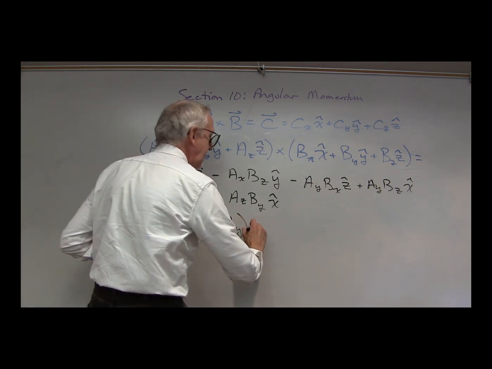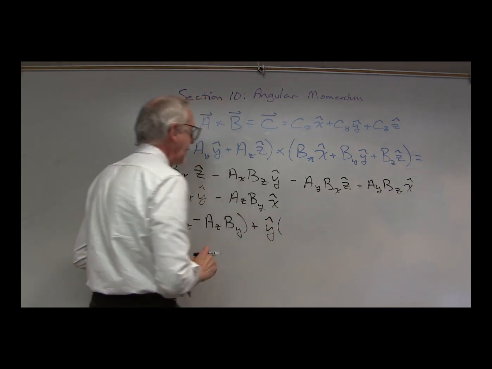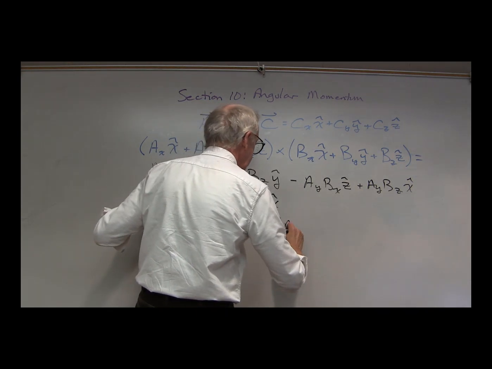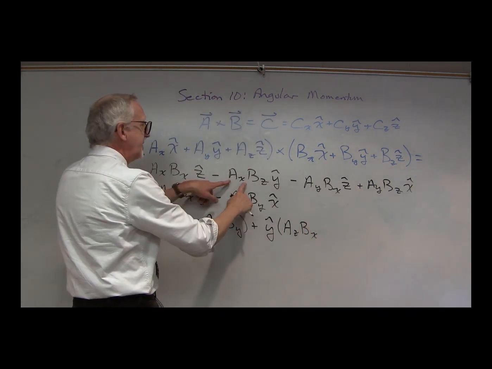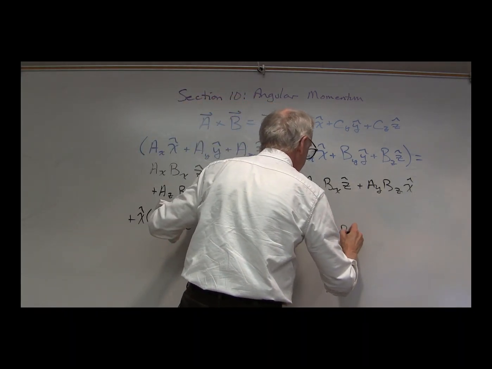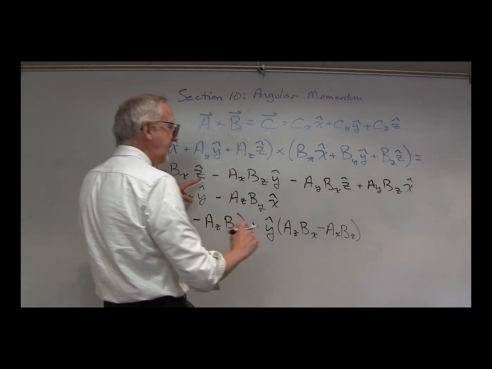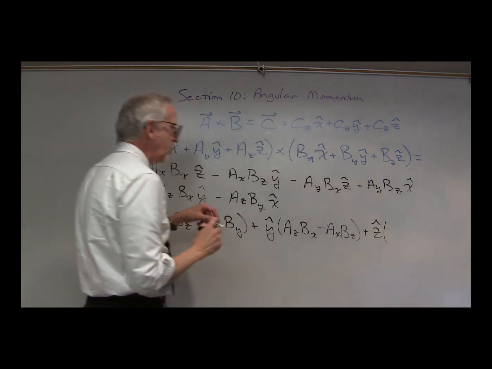Okay? And let's do the same with the y hat. We'll see why in just a second. Y hat. So where are the y hat terms? We've got here azbx, and then minus axbz. And then let's do the same with the z hat term, plus z hat times, and where are the z hat terms?